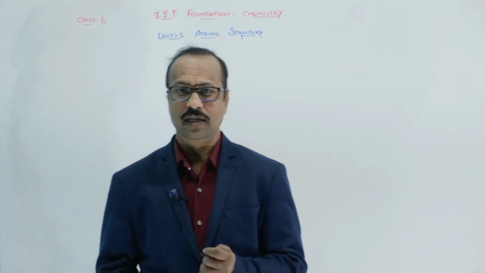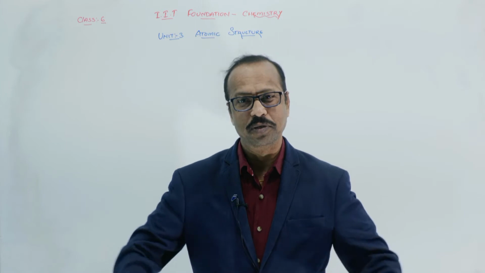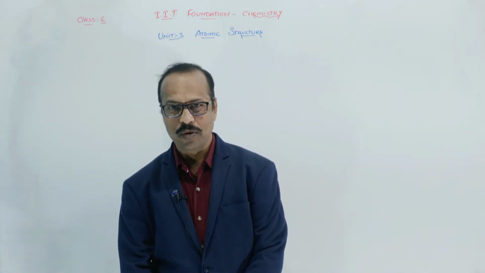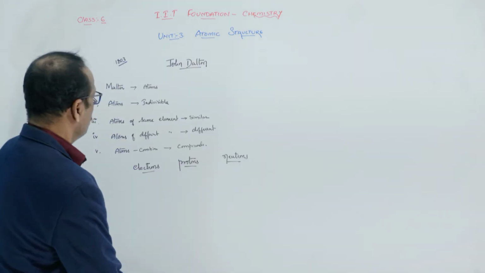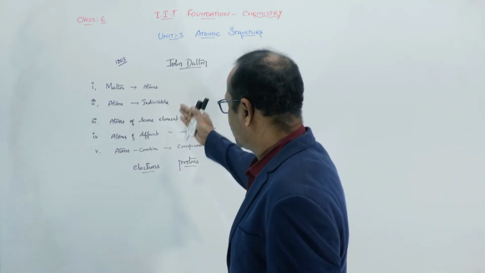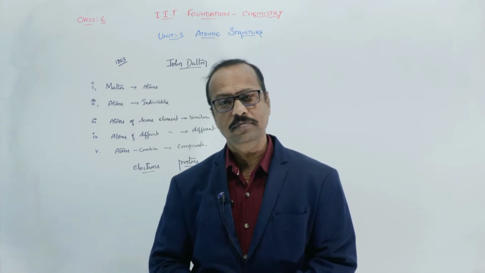Students, from the two chapters we have already discussed atoms, elements, molecules and everything, and you know about the atom very well, but still let's see here. Dalton's theory was disproved and so many changes have come.